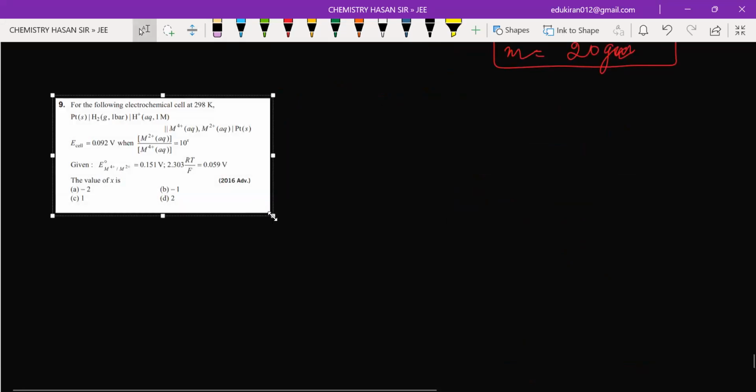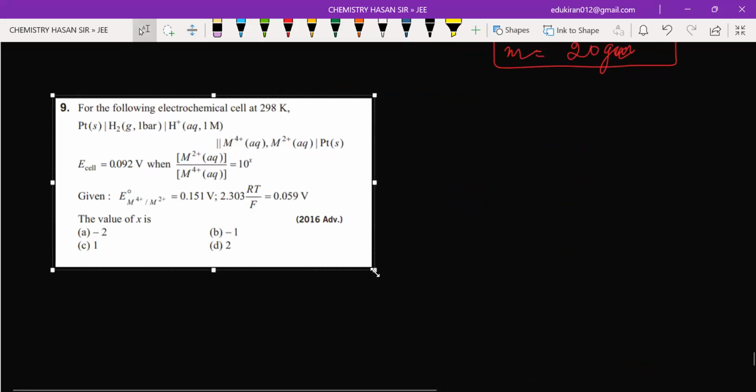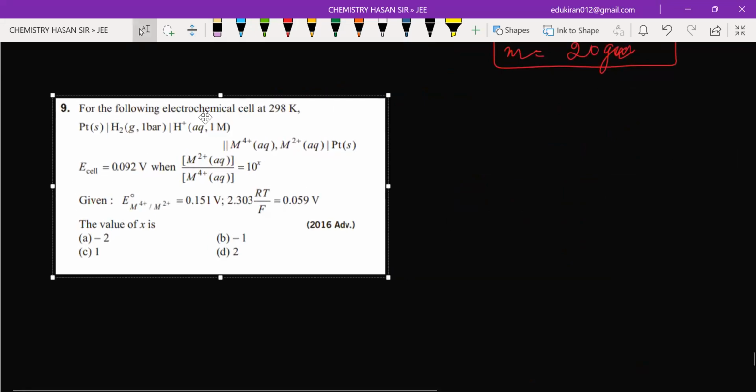Now, this question that I'm going to give you is very easy if you read it carefully and write the equation. I'm going to explain the question. H2 gas, just wait a minute. H2 in gaseous state is converted into H plus, and M plus 4, a metal in plus 4 oxidation state, converts itself into plus 2.